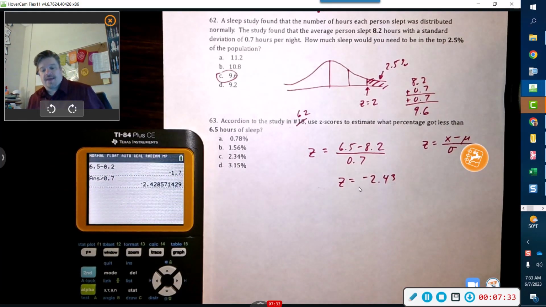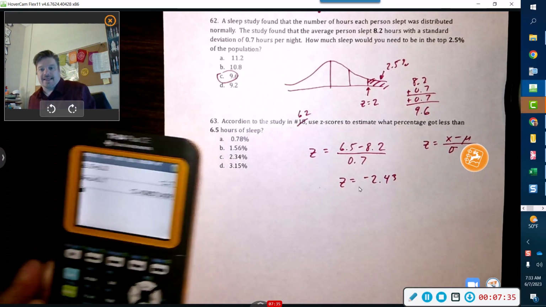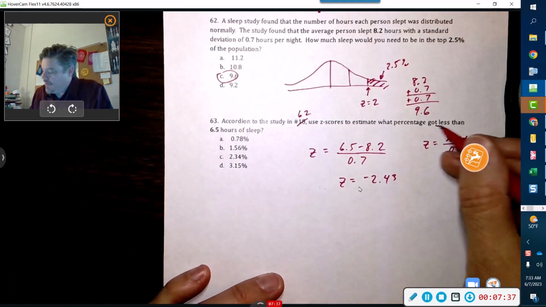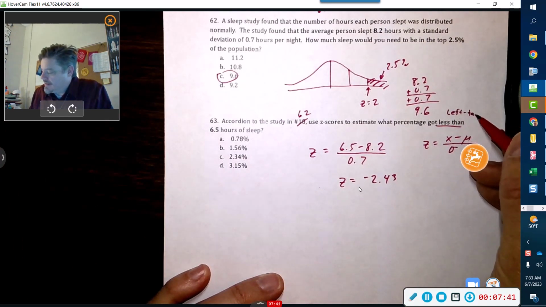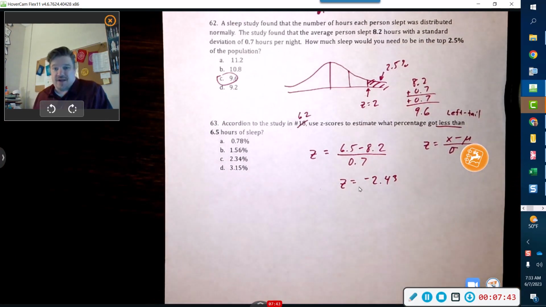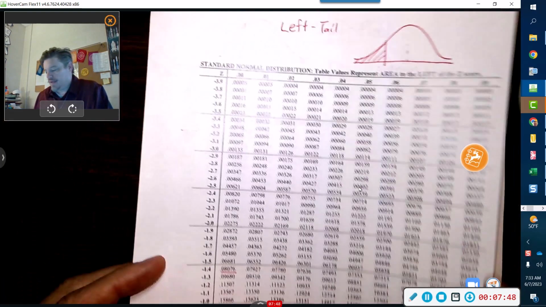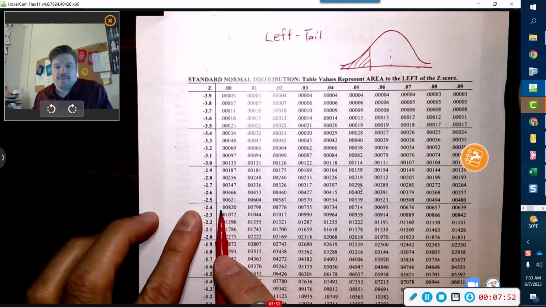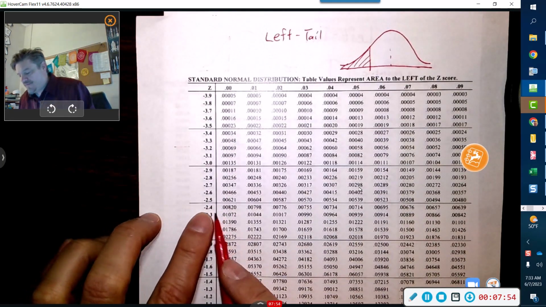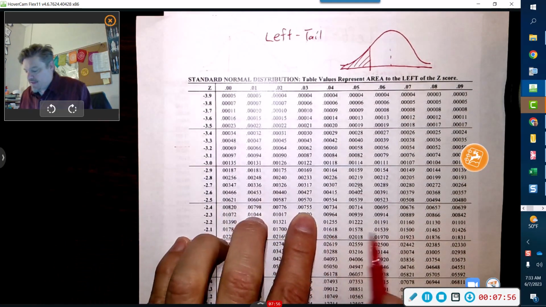This is less than, and my table is built for the left-hand side, so that's great. I don't have to subtract from 100. So negative 2.43. I'm on the negative side, negative 2.4, and then I move over to 2.43.